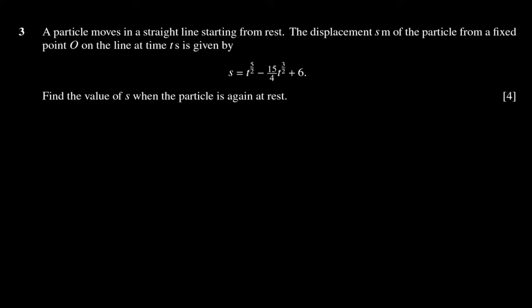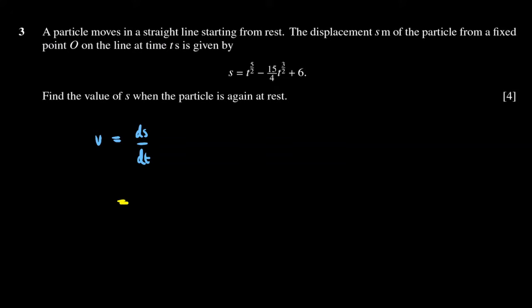Well, to do this, we need to know a definition. The velocity is equal to the rate of change of displacement with respect to time, right? That should be fairly simple to understand if we just think about it for a second. Velocity is how much your displacement is changing every second, so this is ds/dt. So if we want to find velocity, we just differentiate our displacement.